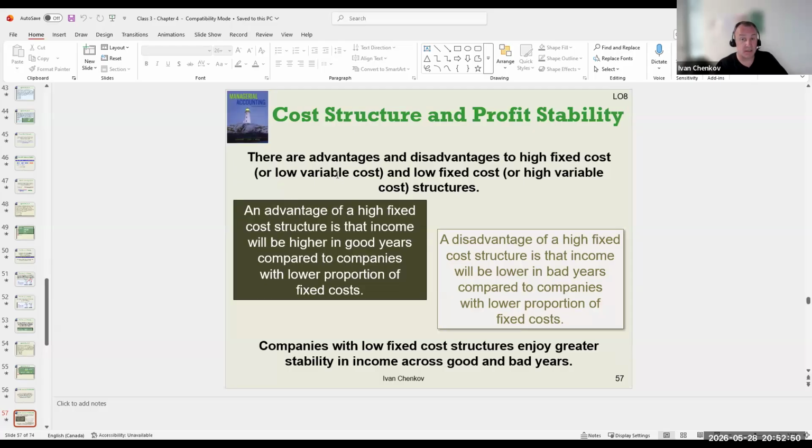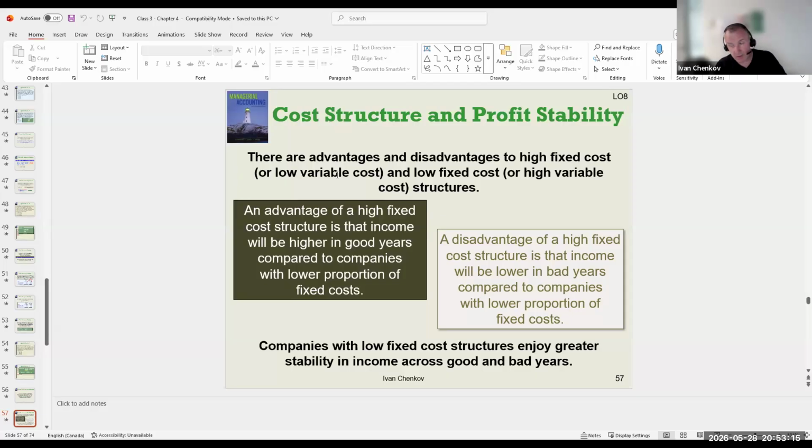Some companies are largely exposed on the fixed cost. Which advantages if you're on the high fixed cost? That means the contribution margin per unit is ginormous. Disadvantages, in the bad year, you're gonna lose a lot. But advantages in the good year, you're gonna make a lot.